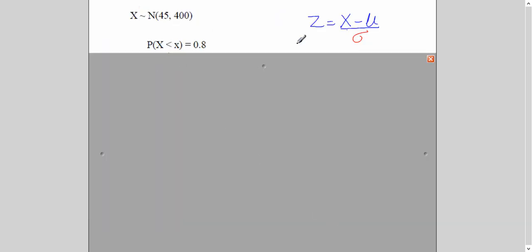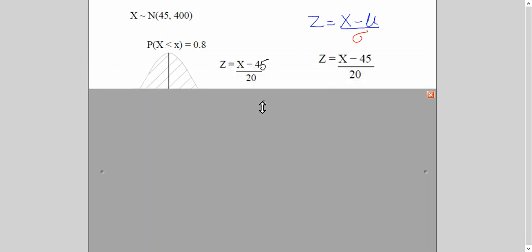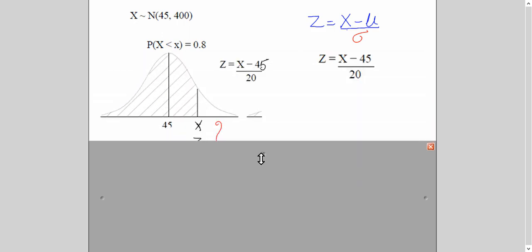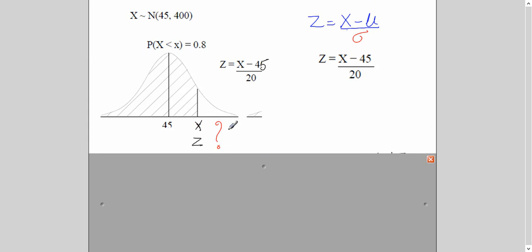Now, here is the formula which changes X into Z. And this was the question we have found so far. So how will we find it? You can see here, we have substituted the mean value and the variance. Now we have to substitute the Z value, and the area is 80% here.